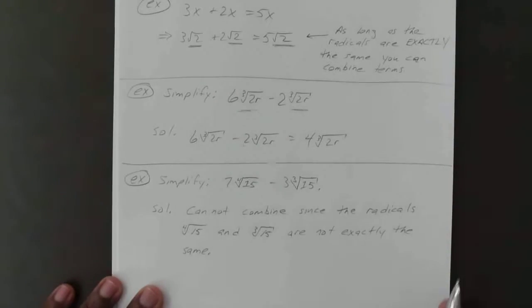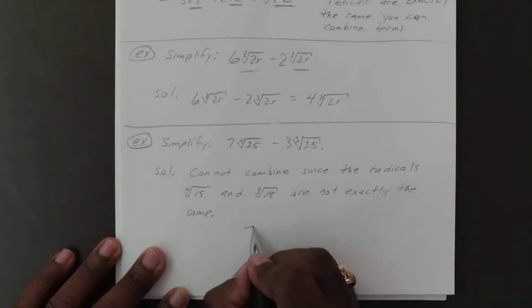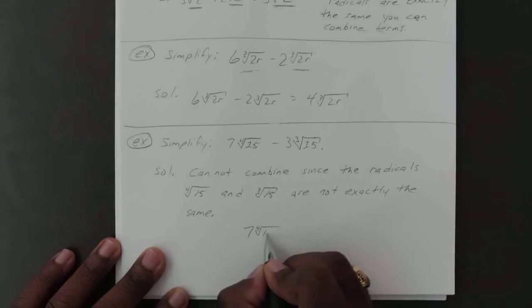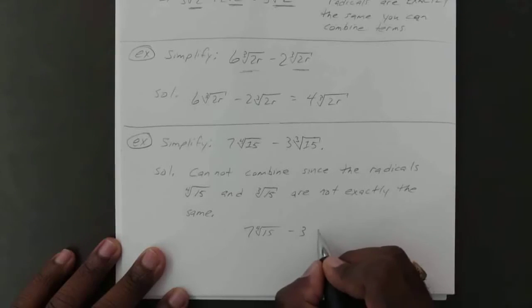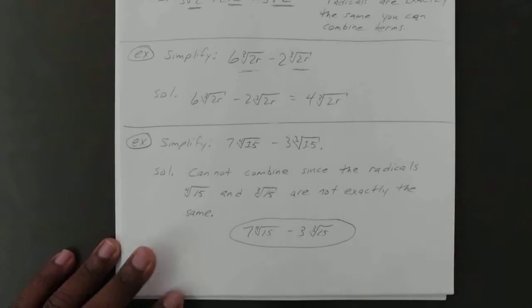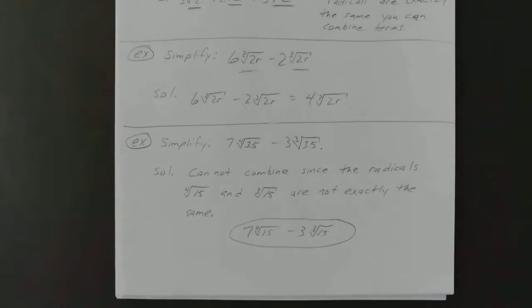So your actual simplified answer will just be 7 4th root of 15 minus 3 cube root of 15, since you can't really simplify it any more than that.